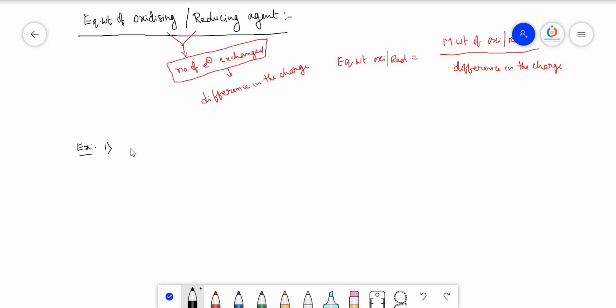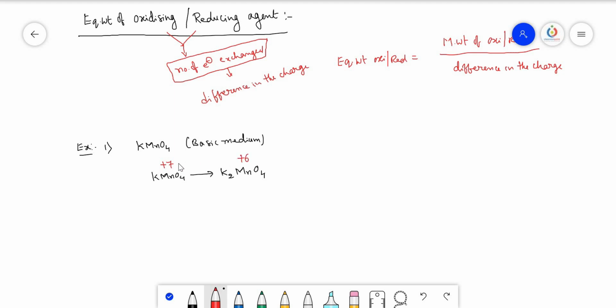In the first example, imagine there is KMnO4 which participates in a reaction in basic medium. In basic medium, KMnO4 usually converts to K2MnO4. Here the manganese oxidation state is +7, and here the manganese oxidation state is +6.